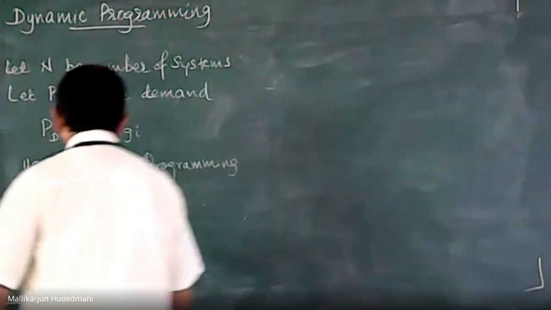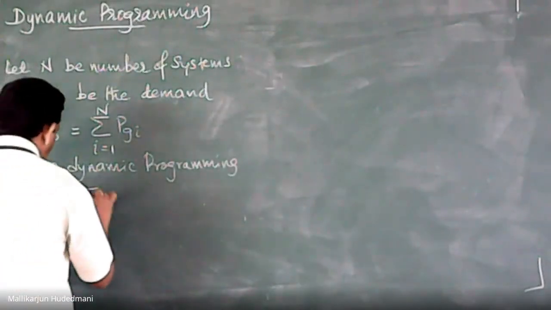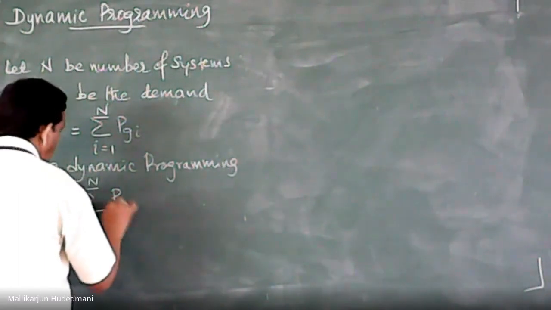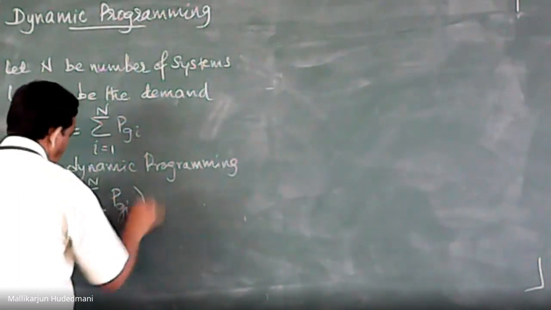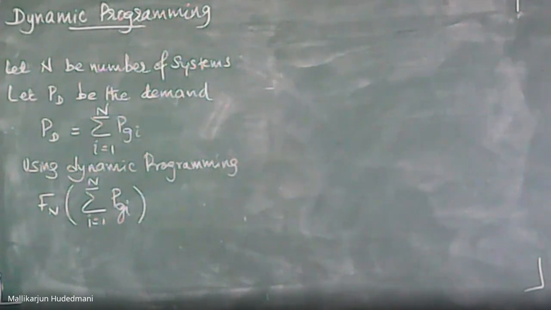Then Fn, bracket, summation i equal to 1 to n, Pgi. I can write a term, capital Fn, for notice.